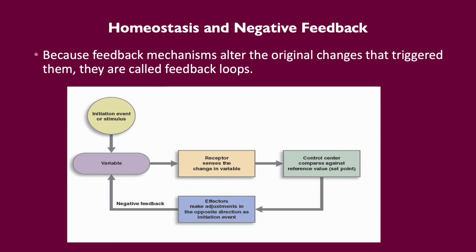Your body is constantly working with checks and balances. That's why, let's say you got a cold. That's the stimulus. They know that that's not normal. Your white blood cells are going to come charging and say, hey, you don't belong here. You need to get out of here. So what happens is sometimes you get a fever. That's the furnace kicking in, and it'll get rid of the cold.